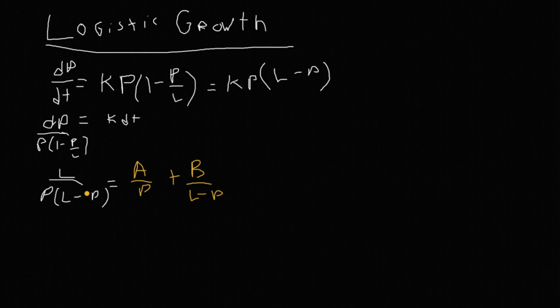So when you multiply everything by the least common multiple, you get L is equal to A times L minus p, and then plus Bp.